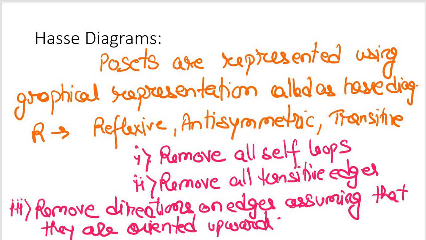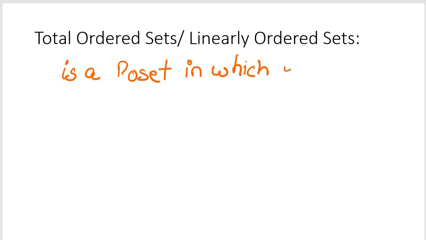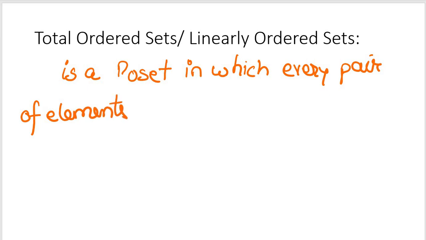Now there is another thing which is called your totally ordered set or the linearly ordered set. So what it means is that this is basically a poset in which every pair of elements is comparable.